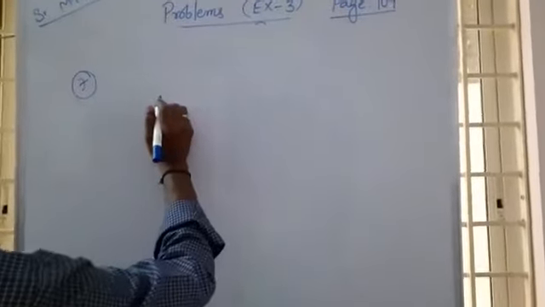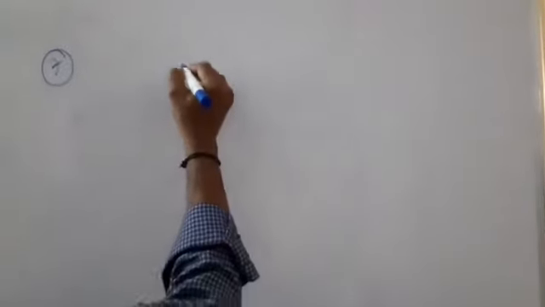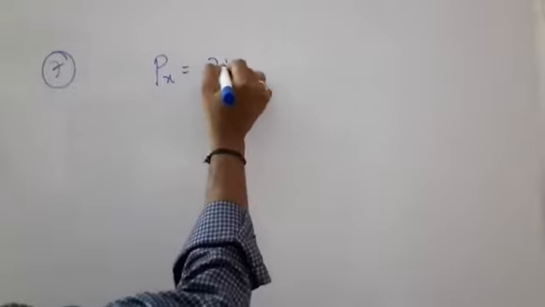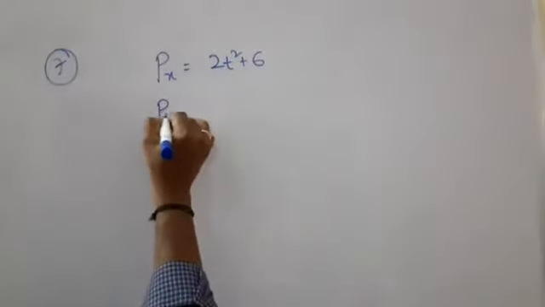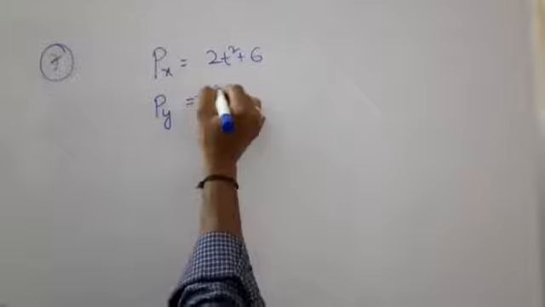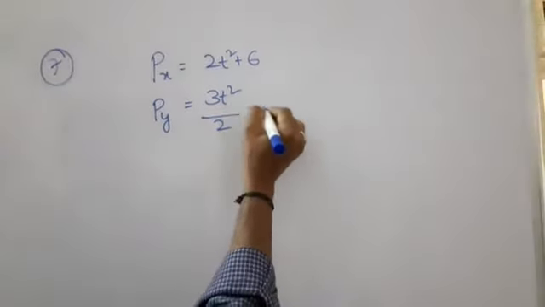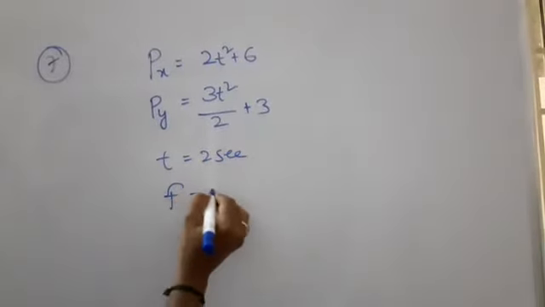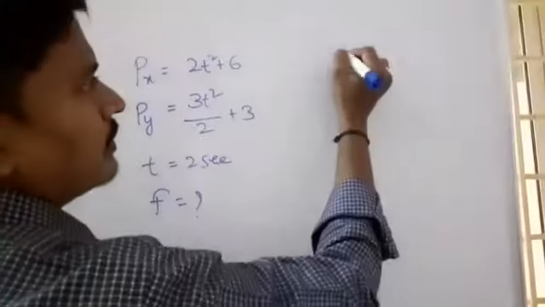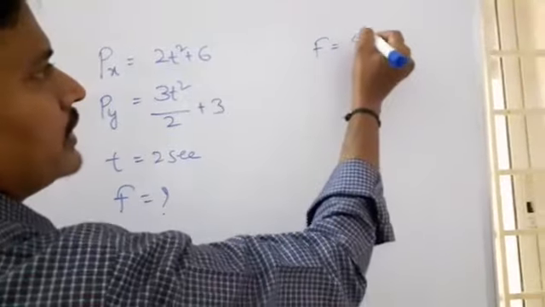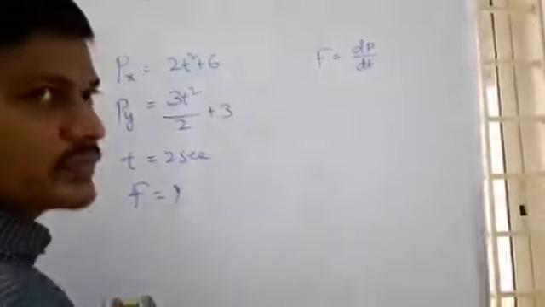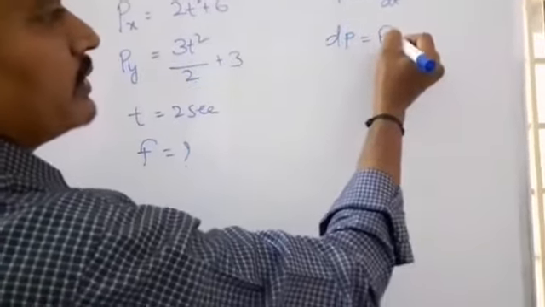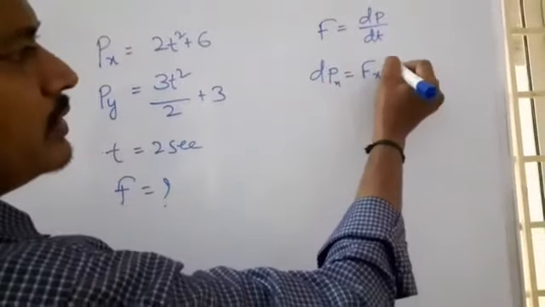So the momentums in two perpendicular directions: Px is equal to 2t square plus 6. Momentum along y direction is 3t square by 2 plus 3. Time t is equal to 2 seconds. Calculate the force. According to Newton's second law, force is equal to rate of change of momentum. Therefore dP is equal to Fx into dt.